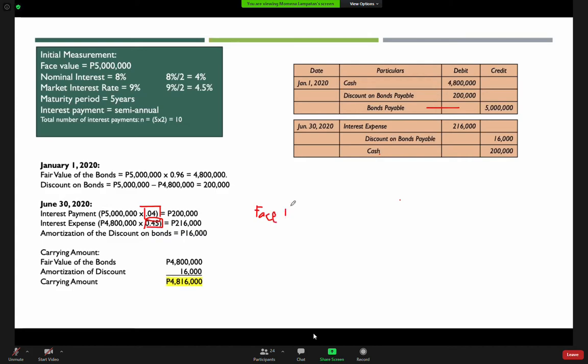We have the face value less the unamortized discount, di ba? Equals to the carrying value.